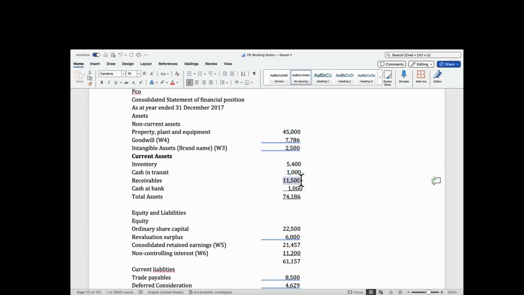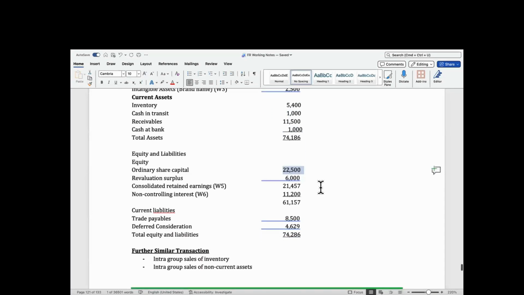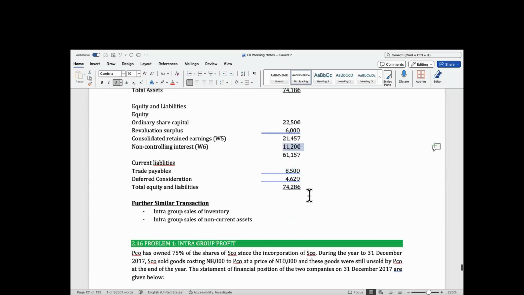Then the receivables, I consolidate all of that. The share capital is that of the parent alone. The retained earnings for my workings. This valuation surplus is that of the parent. That of the subsidiary has been cancelled out. NCI for my workings. Then I also remember to put my deferred consideration for my workings. So, that is all of that.